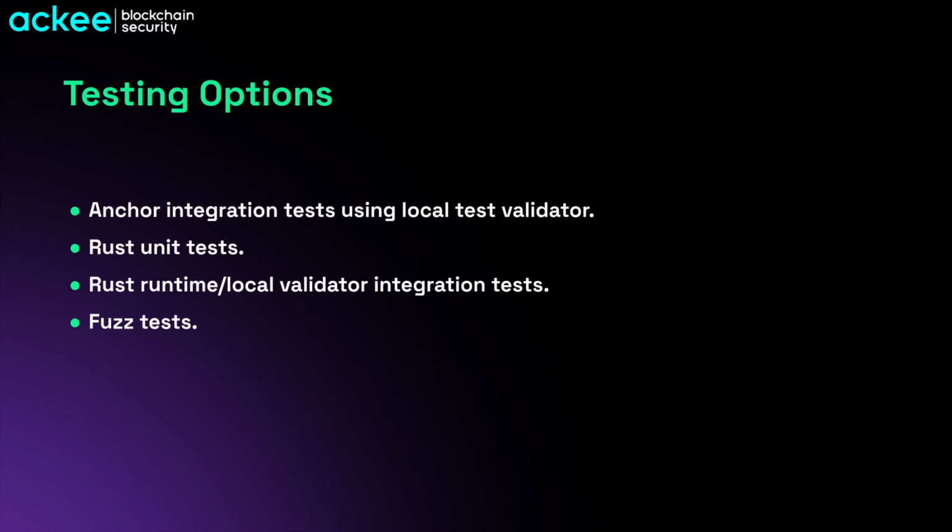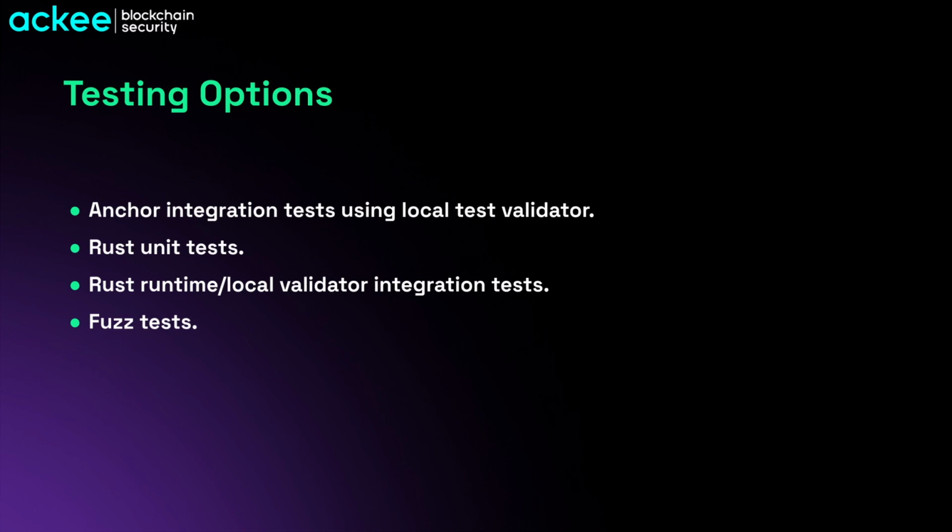And there are also other alternatives how to test with Rust. Either you can use the runtime, which basically does not spin up the whole local validator. It's faster to run the tests, but maybe some features of the blockchain are not available.